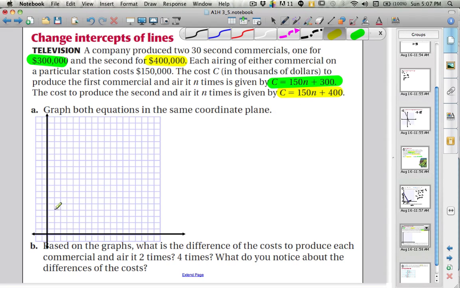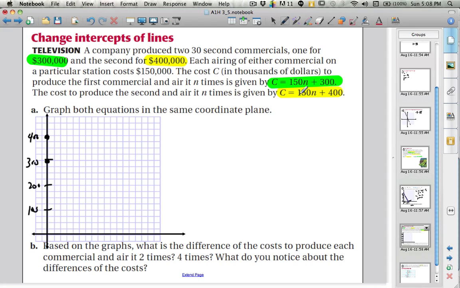So if I go by 25s, 1, 2, 3, 4, that's 100. 1, 2, 3, 4, that's 200. And 1, 2, 3, 4, that's 300, and that's where one of my intercepts is, right there. And 1, 2, 3, 4, that's 400, and that's where my other intercept is.